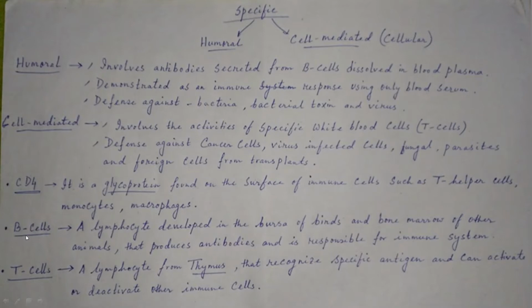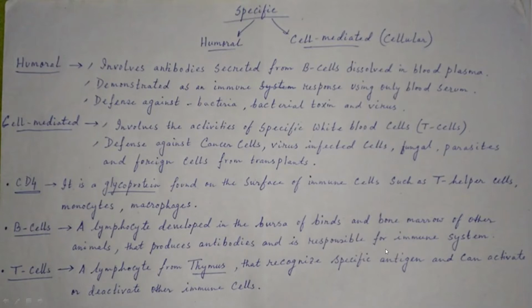Okay. Now B cells and T cells. What are those? B cells is B lymphocyte and T cells is T lymphocyte. B cell is a lymphocyte developed in the bursa of birds and bone marrow of other animals that produces antibodies and is responsible for the immune system.